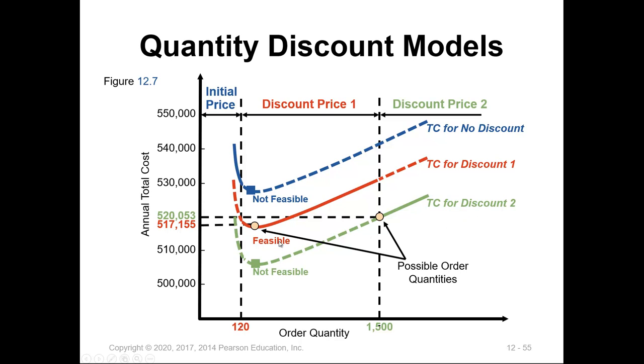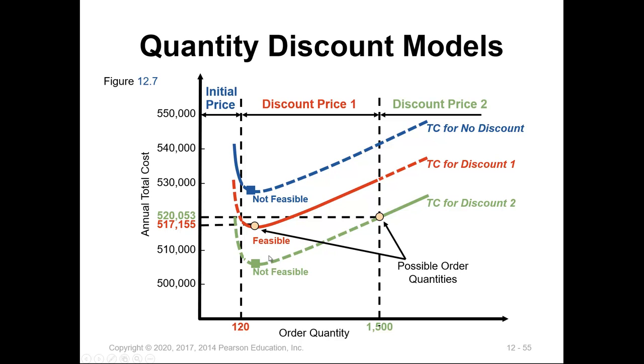The next lowest will be 275, and that is with discount number 1. With 275 it's $98 per unit, but it's cheaper than if I want to order 1500.